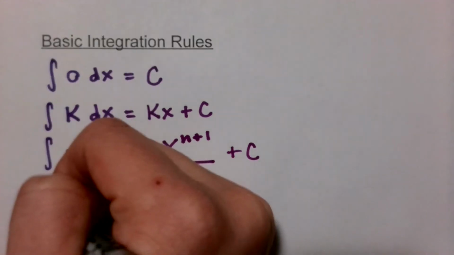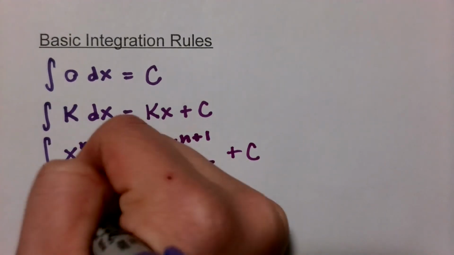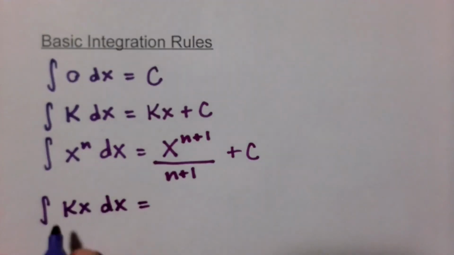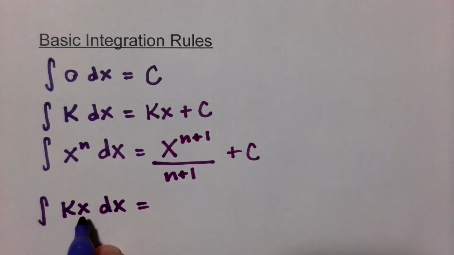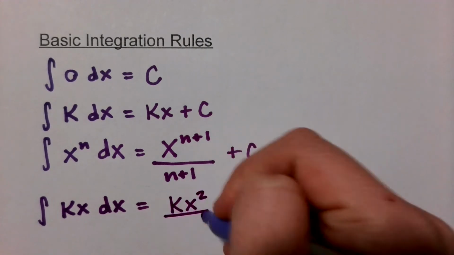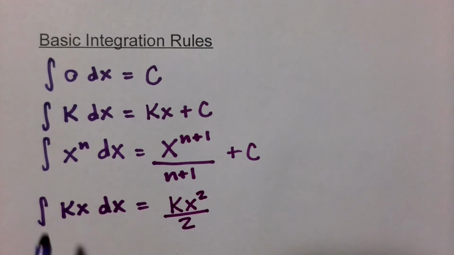So if I had the integral of kx with respect to x, so k being a constant here, I would raise x a power, so I would have kx squared and then divide by 2. Just like when we differentiate, that constant doesn't go anywhere, it's just chilling.